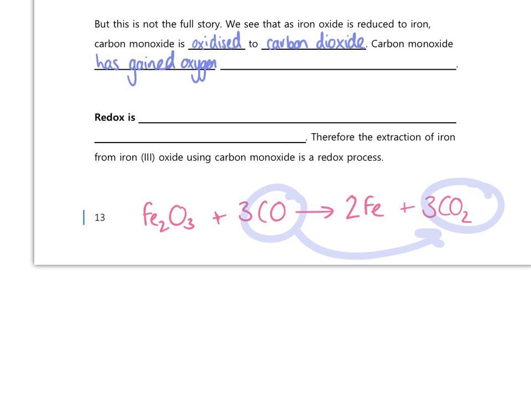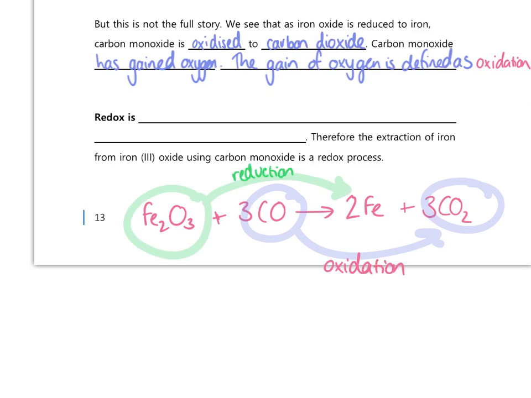Why is that? Well, that's because carbon monoxide, as we can see from our equation, has gained oxygen, and the gain of oxygen is defined as oxidation. So we can see here that our iron oxide is reduced to iron, but our carbon monoxide is oxidized to carbon dioxide.